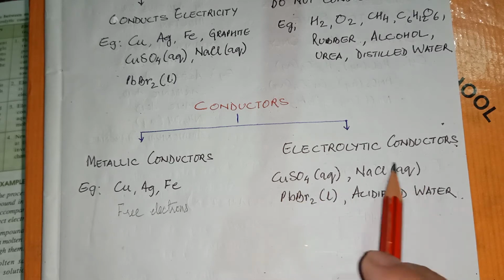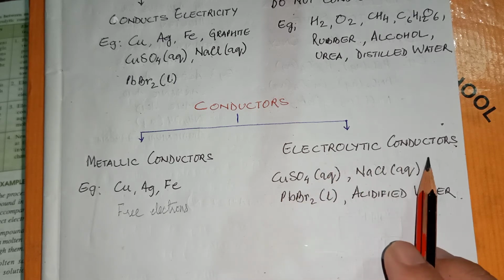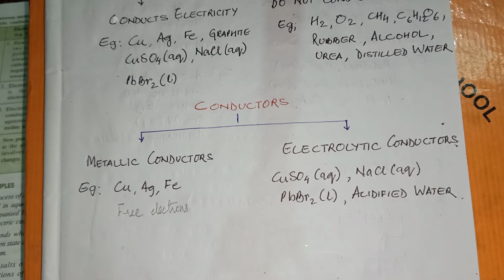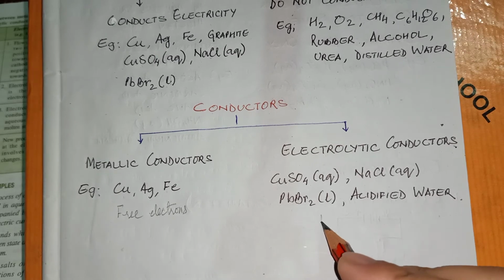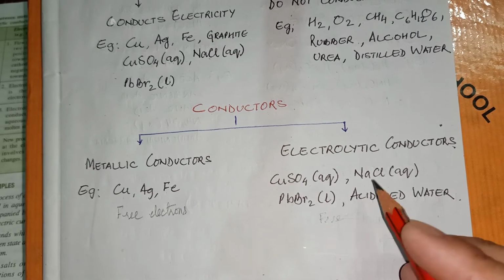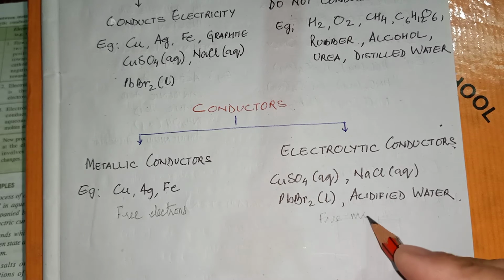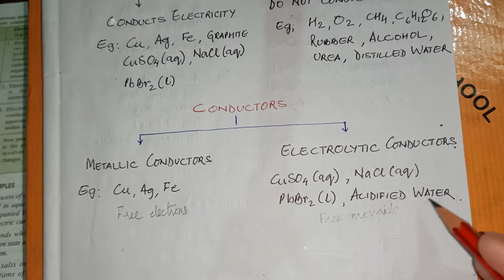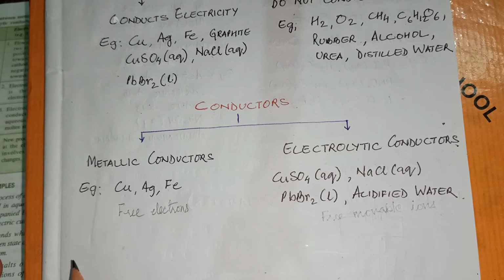These substances are called electrolytic conductors, and they conduct electricity due to the presence of free movable ions. Now metallic conductors conduct electricity due to the presence of free electrons, whereas electrolytic conductors conduct electricity due to the presence of free movable ions.